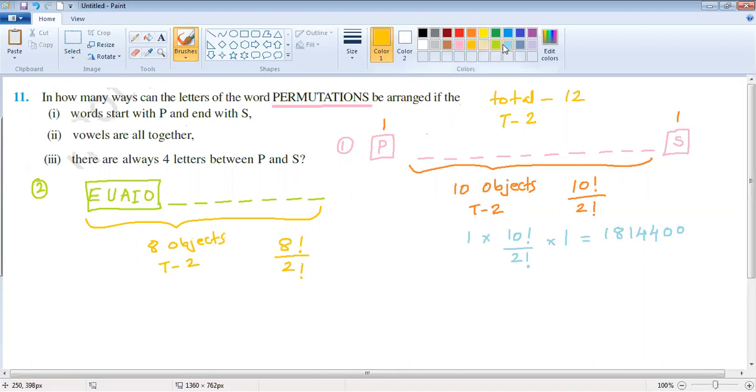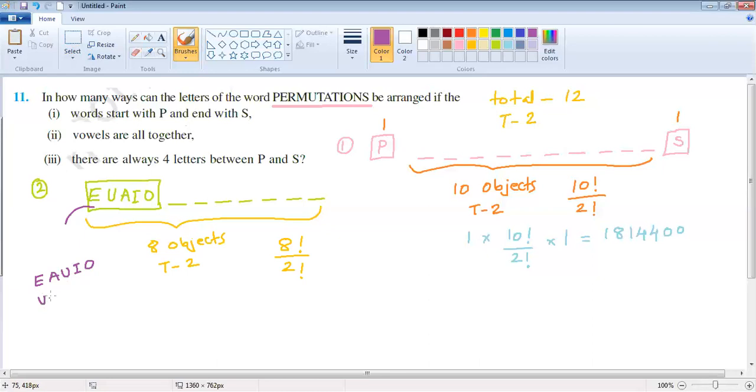But one more thing you should keep in mind: this EUAIO can be arranged in different ways, like E U A I O, E A U I O, like that many are there.